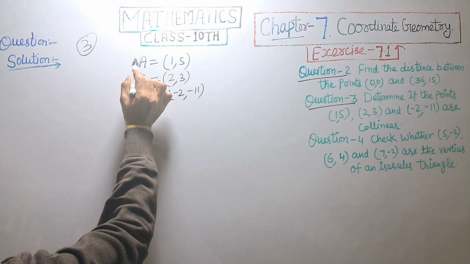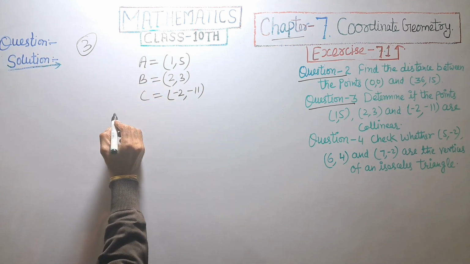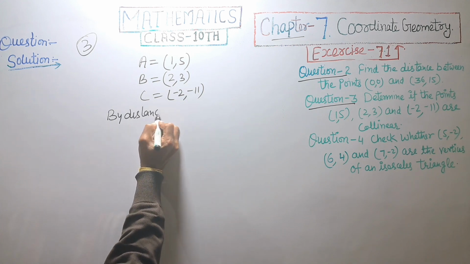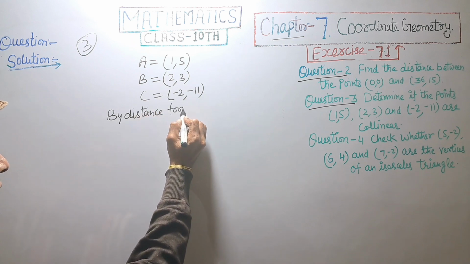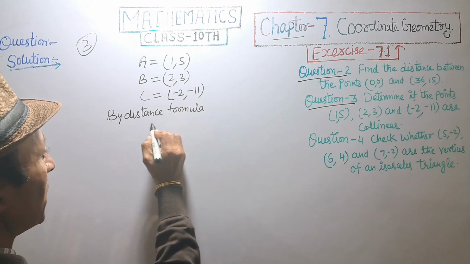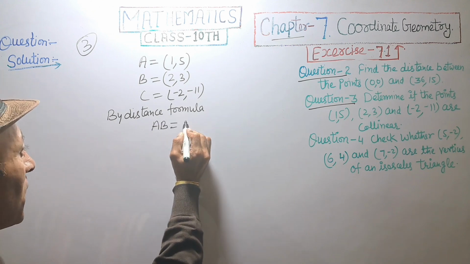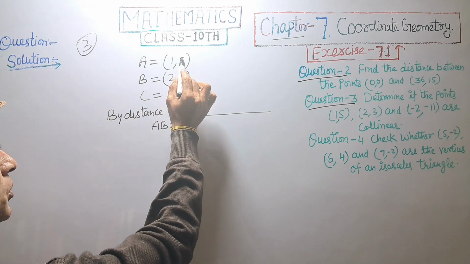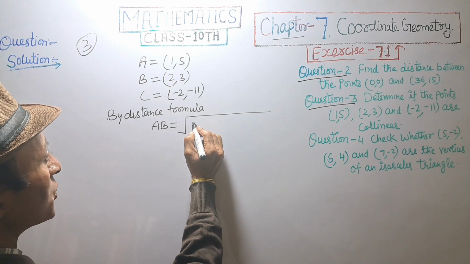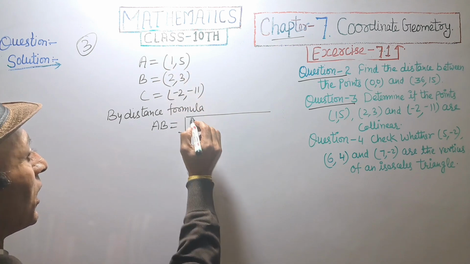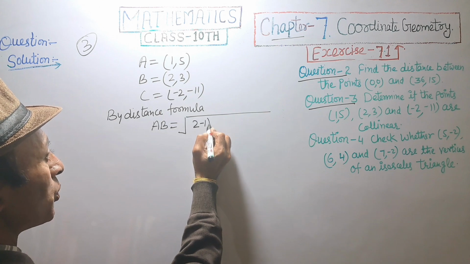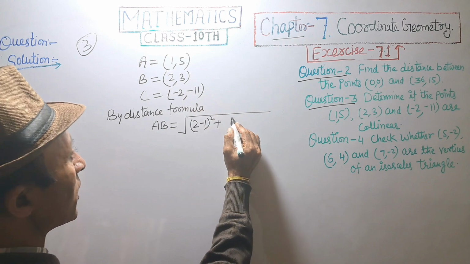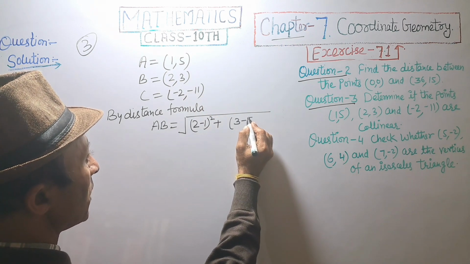First of all, using the distance formula for A and B, AB is equal to, with x1, y1, x2, y2, the square root of (x2 minus x1) whole square, (2 minus 1) square, plus (y2 minus y1) whole square, (3 minus 5) whole square.